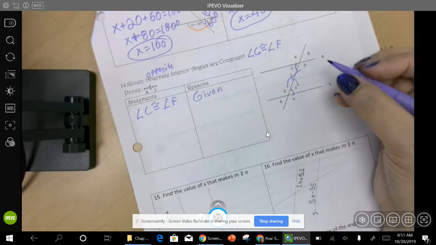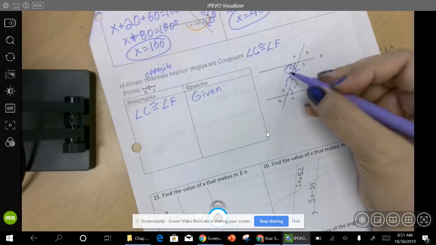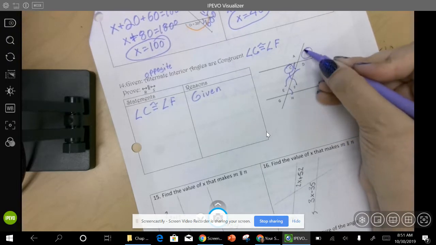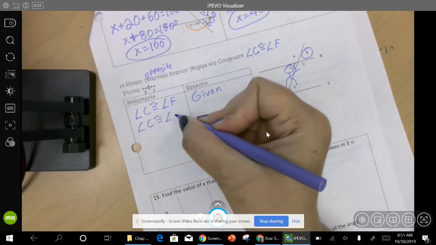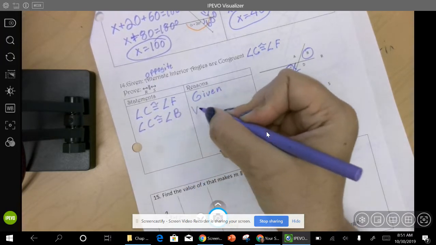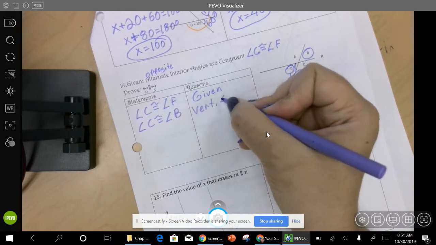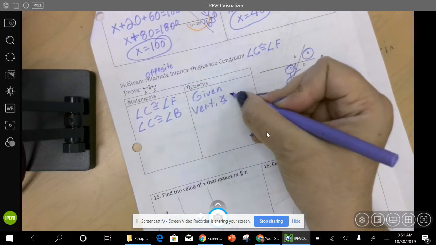Okay. Angle C is congruent to angle B because they are diagonally across from each other, so they are vertical angles. And that's by our vertical angle congruence theorem.